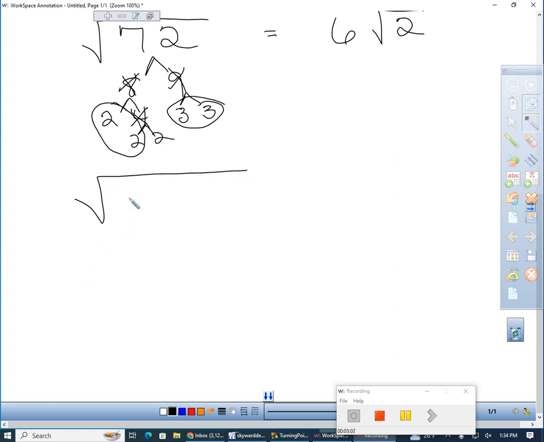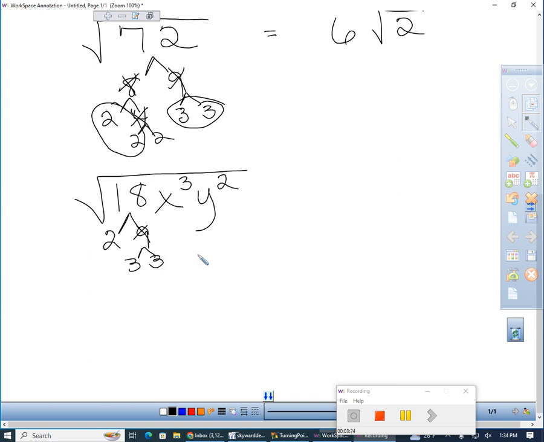All right, how about 18x to the third y squared? All right, so let's start with the number. 18 breaks down into 2 times 9. 9 breaks down into 3 and 3, right?